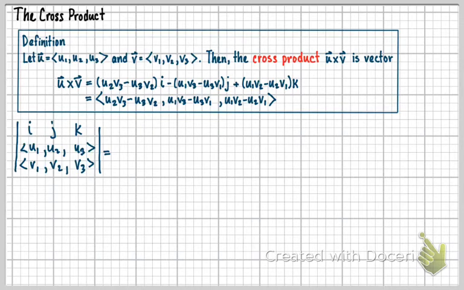So that's going to be I, and then I'm going to have the matrix U2, U3, V2, V3. Again, I'm just writing all this out. Initially this seems confusing or complicated, but as you do a few of these, they actually get really fast once numbers are in there.